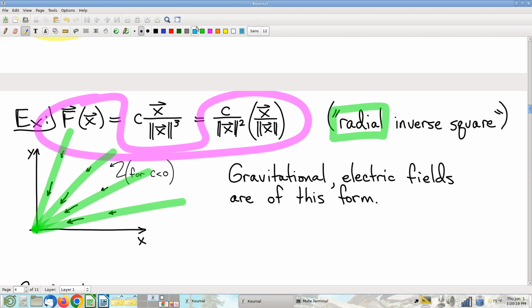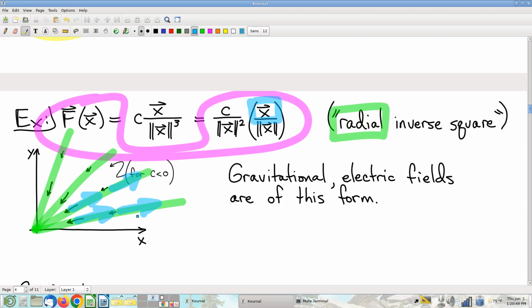Well, notice that what we have here is a multiple of the position vector x, which of course is always pointing directly away from the origin. Right? So if you're looking at scalar multiples of something that always points directly away from the origin, then what you have is what we call radial. Is that cool?